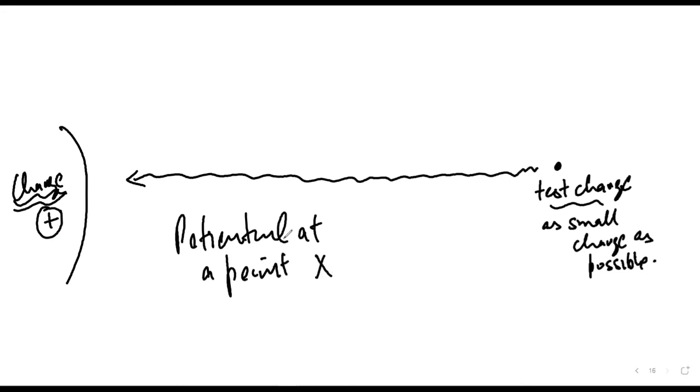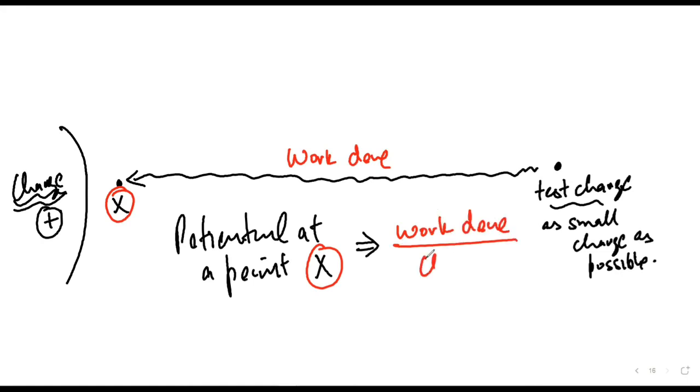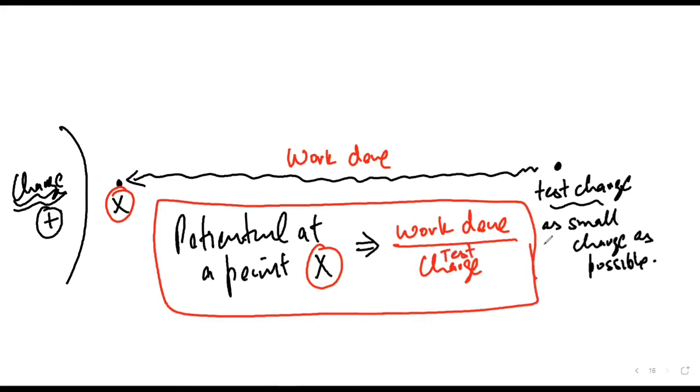So if this point is x, then the potential at point x will be the work done per unit test charge. Mr. Sivang, any doubt? No doubt.